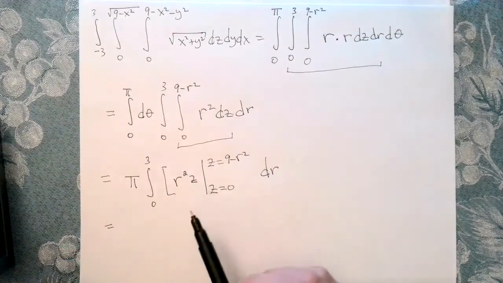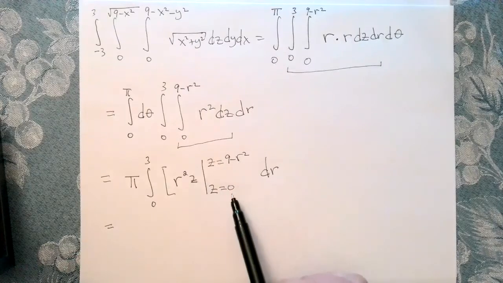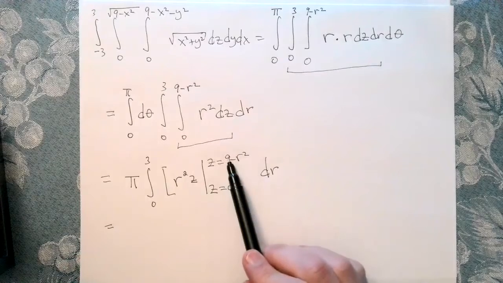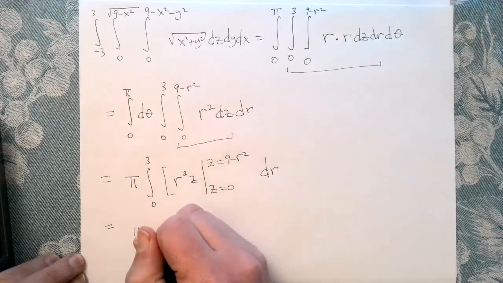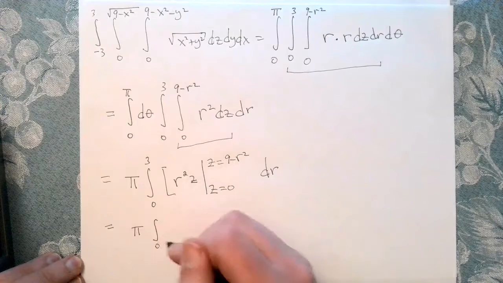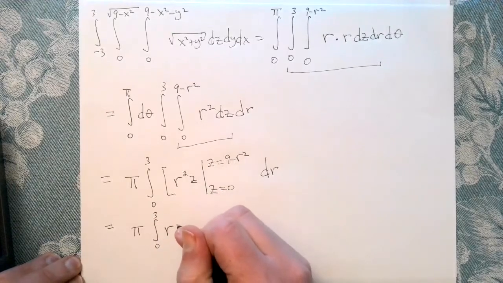If I carry through with the fundamental theorem of calculus, I plug this in for z, but I notice this will vanish at 0, so I only get a contribution here. So this minus 0 is not so necessary. Essentially what I'm left with is a Calc 1 style integral.